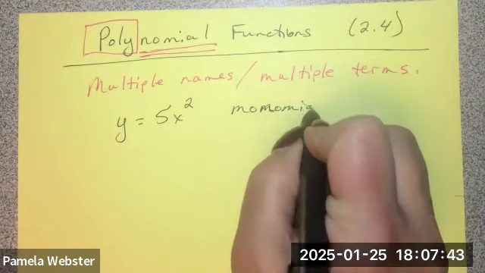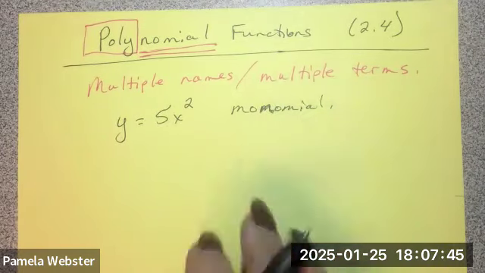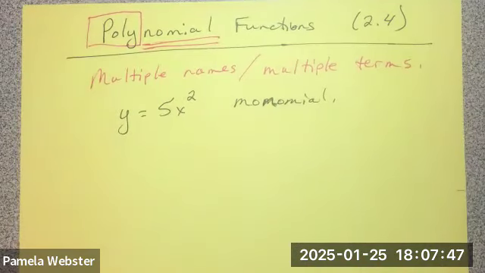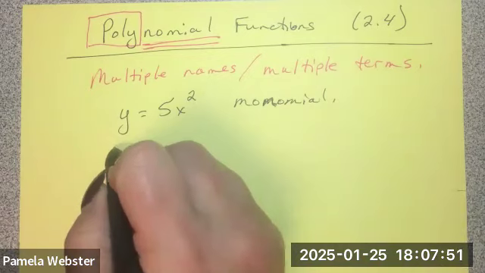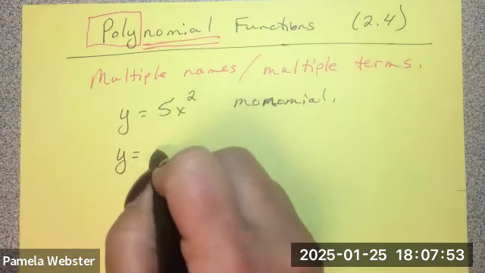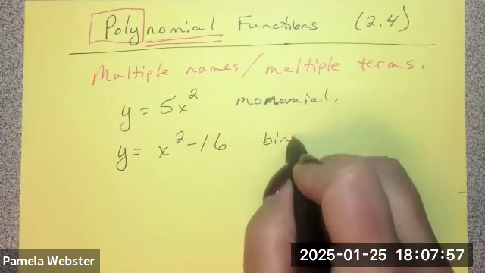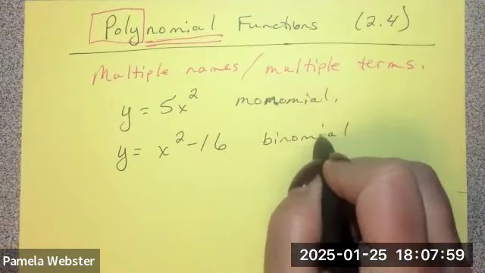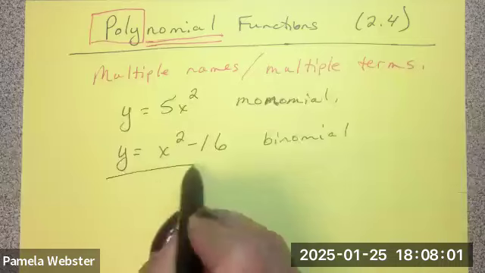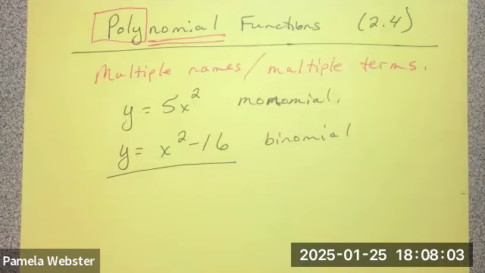Two M's, one N. And sometimes when we do factoring, we'll get x squared minus 16. That's a binomial, right? Binomials are still part of the polynomial functions. They just have a very specific name. Monomials are still part of polynomials. They're just specifically one term.